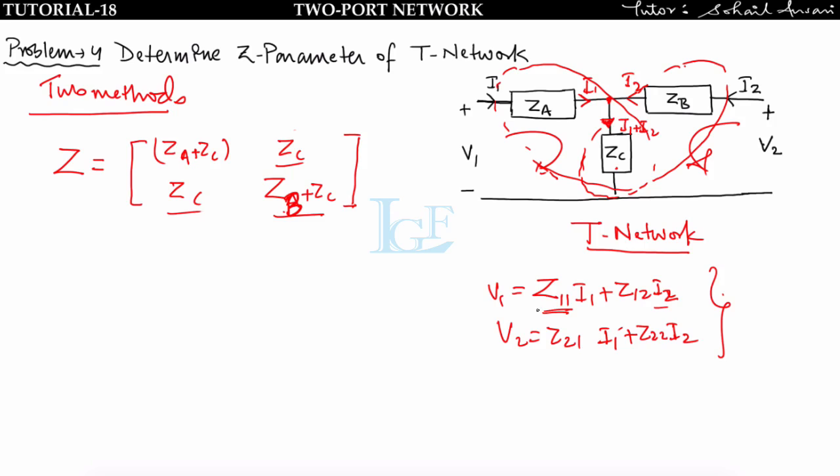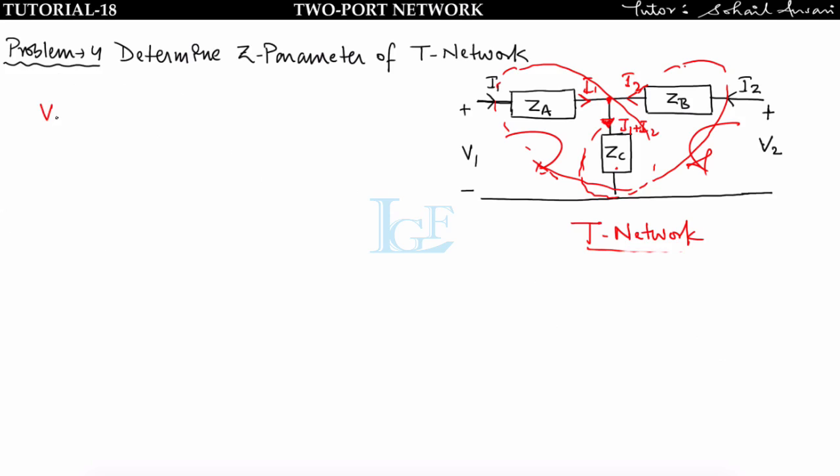So one method I have already explained, that is to apply KVL, or you can apply nodal, in order to find any kind of parameters. The second method is simpler than the first method. How? Let us see. We have V1 is equal to Z11 I1 plus Z12 I2.